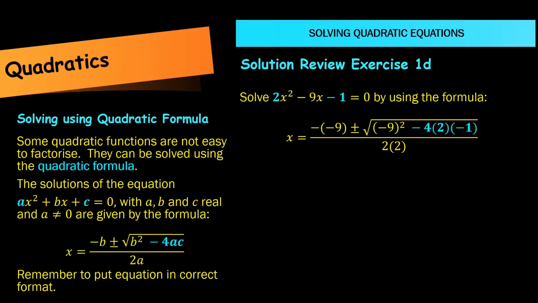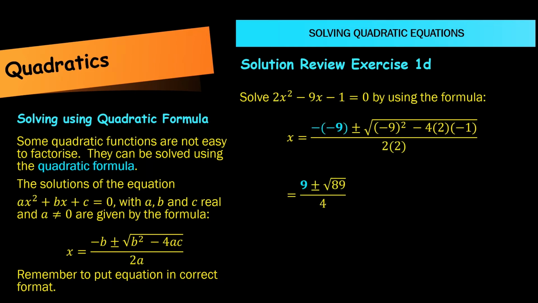We plug a and c here and here as shown, so a equals 2 and c equals minus 1. And we plug in 2a as shown here, so we have 2 times 2 because a equals 2. And then we tidy up, so we have x equals 9 plus or minus root 89 all over 4.